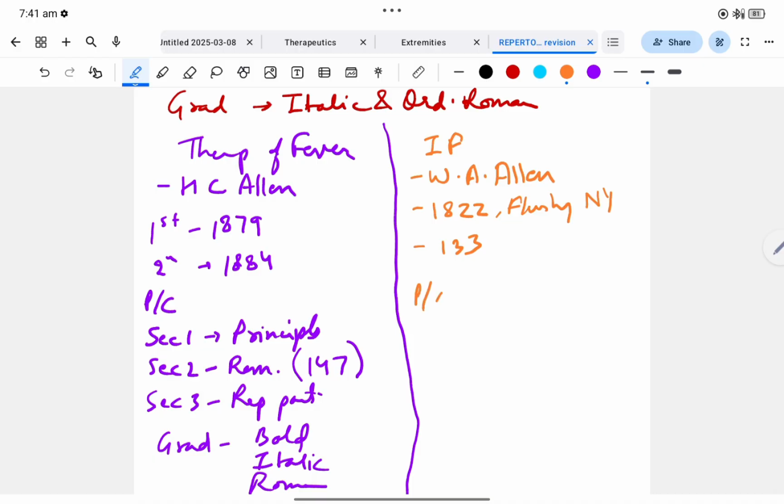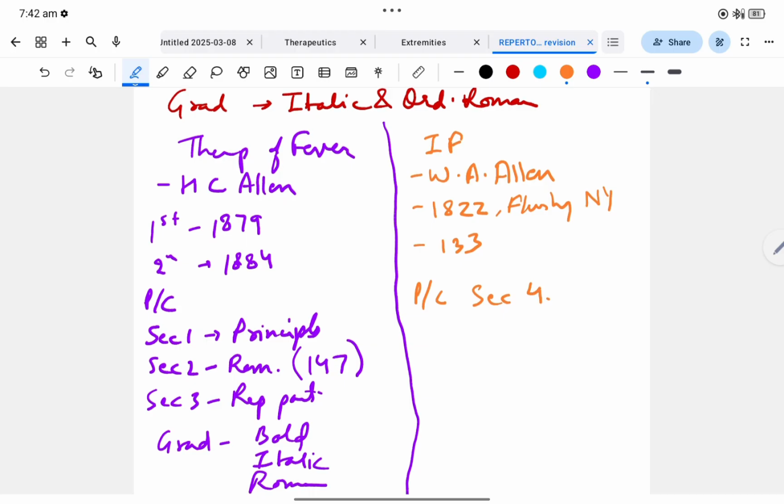Plan and construction of this book are 4 sections. Section 1 chill, 2 heat, 3rd sweat, and 4th apyrexia. He also advocates frequent repetition of remedies and administration of the remedy after the paroxysms of fever.